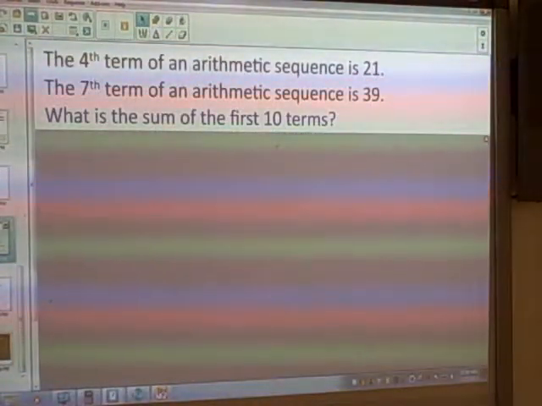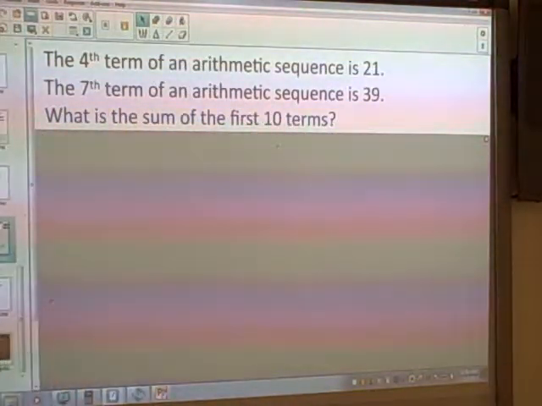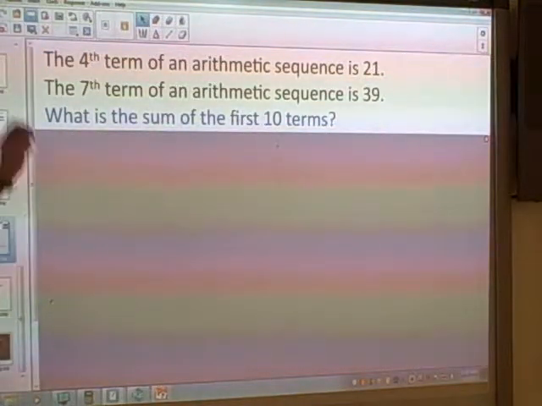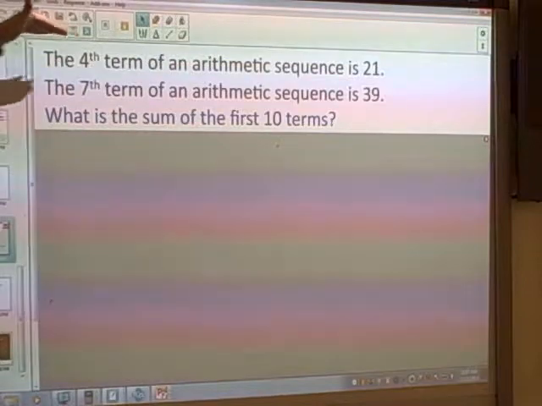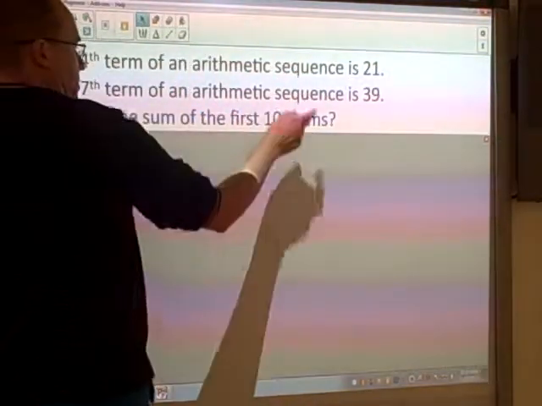Now, there are different ways of tackling this problem, but if we're going to find the sum to the first n terms, then we know we're going to need that formula. And part of that formula says we need to know the first term, which we don't know right now, the number of terms, which we do know is 10, and the difference. So what we're going to do is set up an equation to model these first two sentences that we're given. Very important that it says arithmetic sequence here.